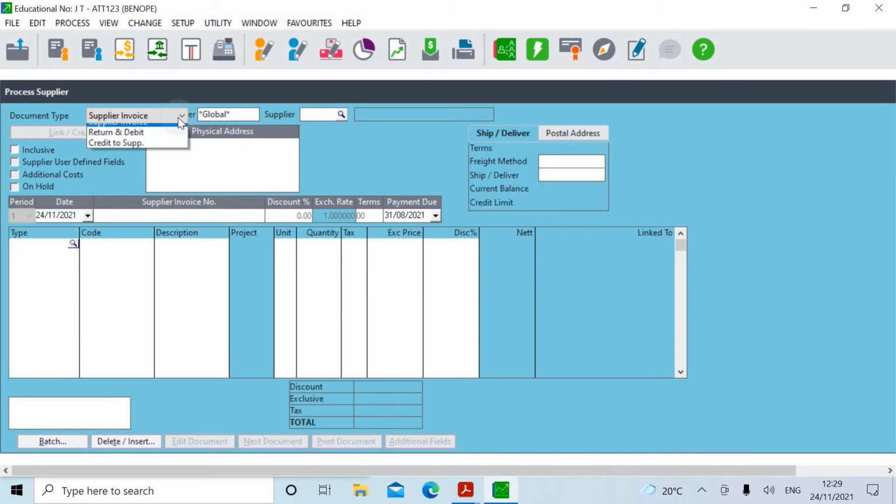In our document type we can change to return and debit. In Pastel Partner, supplier return and debit is our supplier credit note. Okay, please remember that. Supplier return and debit is the supplier credit note.